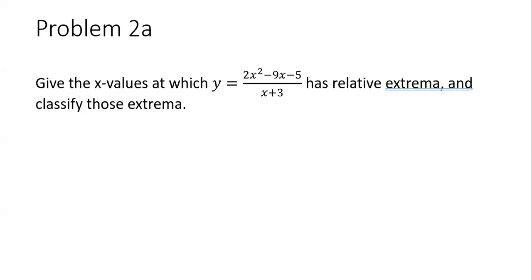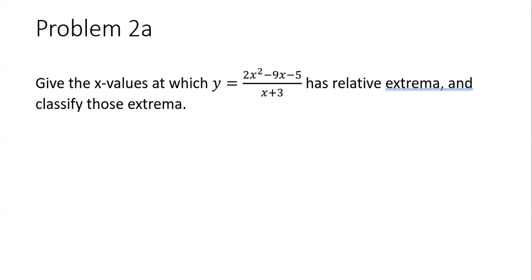Okay, 2a. Give the x values at which this function y has relative extrema and classify those extrema. Go ahead and do this one first on your own. Okay, so we probably want to take the derivative to see if the derivative changes sign, then there's a max or min at the original function.